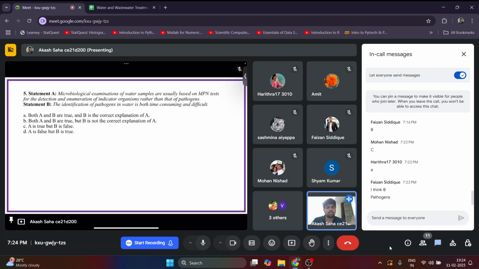So what we do, we try to find out the presence of coliforms, which is relatively easier, with the help of the MPN test. MPN means most probable number. It's a kind of probabilistic technique. So we will discuss it later. So that's the answer. Both statements A and B are correct.